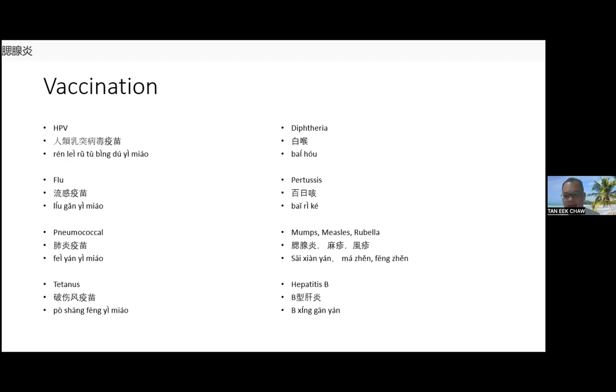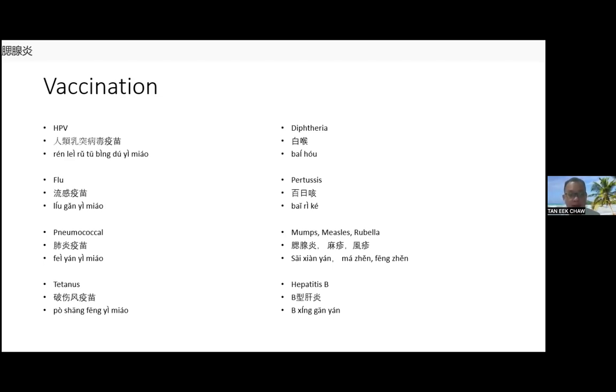Flu, I believe in the UK they emphasize the influenza vaccine a lot, right? In Singapore we emphasize it in certain age groups, and also if you have any chronic condition, for example heart conditions, asthma, COPD, then the patient is eligible for subsidies.